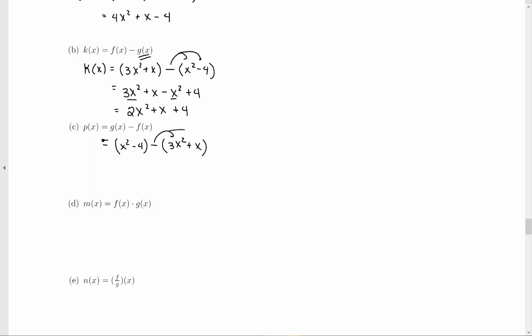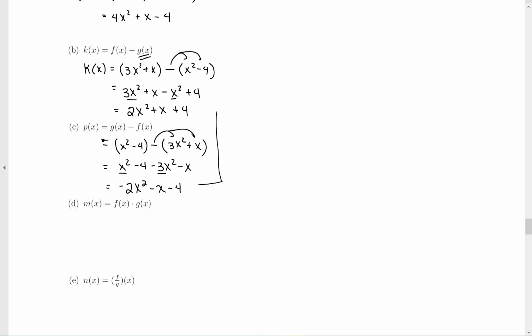Distribute the negative sign. So I have x squared minus 4 minus 3x squared minus x. When I combine like terms, 1x squared minus 3x squared is negative 2x squared minus x minus 4.